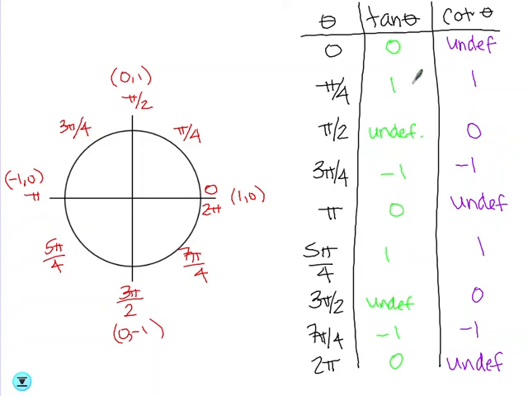Same thing with cotangent. We have undefined, 1, 0, negative 1, undefined, 1, 0, negative 1. Both of the patterns start repeating when we get to pi. This means that the period for the tangent and cotangent functions is pi instead of 2 pi.